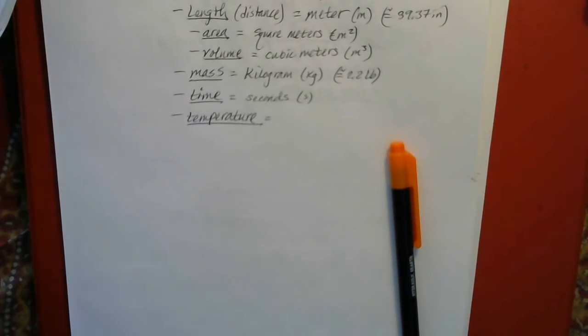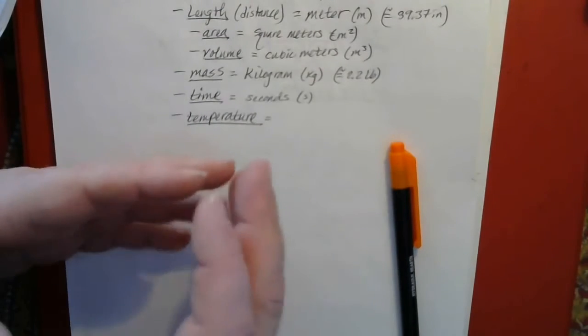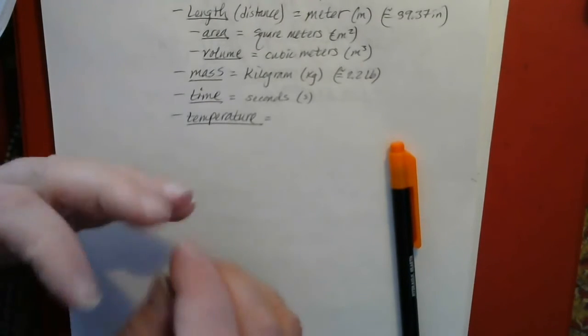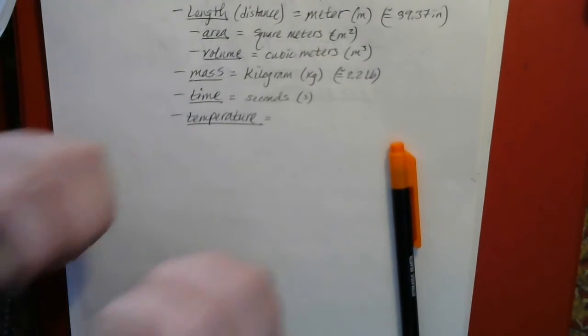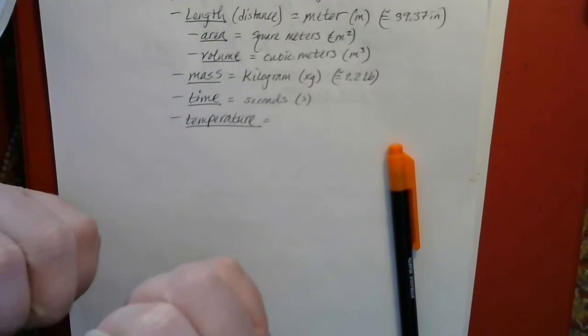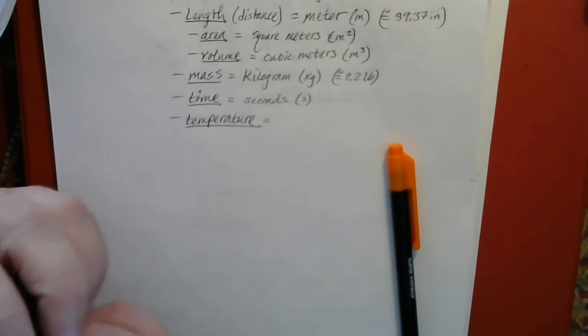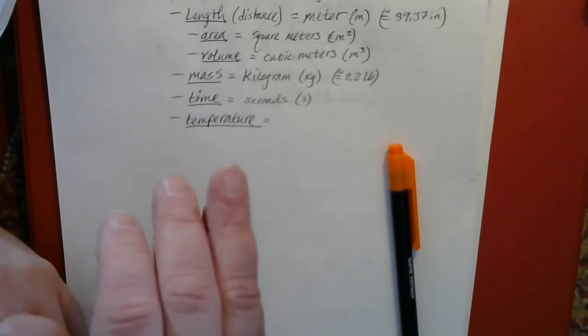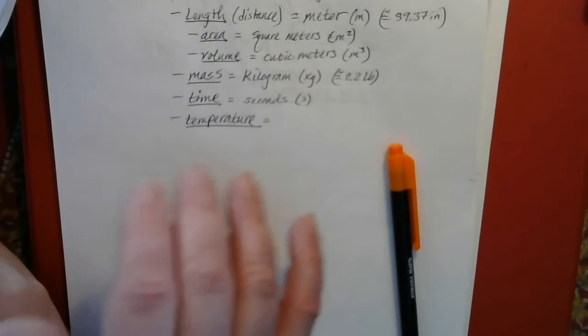Temperature is a measurement of thermal energy present in an object or a sample. And thermal energy is the kind of energy that causes the molecules to vibrate. And when we say we need an absolute scale, we need a scale where 0 really means nothing.